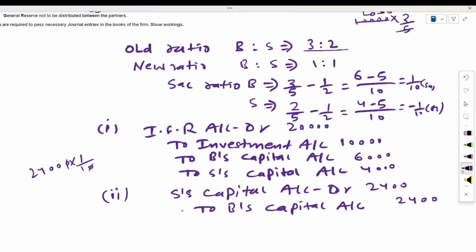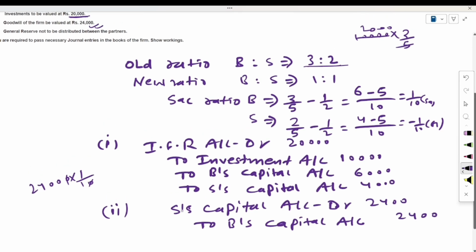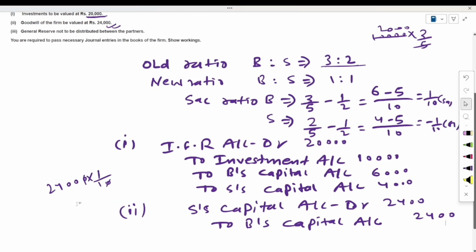Now come to the third part, which is that the general reserve is not to be distributed between the partners. In the question, it is mentioned that the general reserve is not to be distributed between the partners. If it is mentioned that the general reserve is not distributed, then what will you do for the reserve amount? You will have to pass the entry for the reserve amount also: gaining partner's capital account debit to sacrificing partner's capital account.